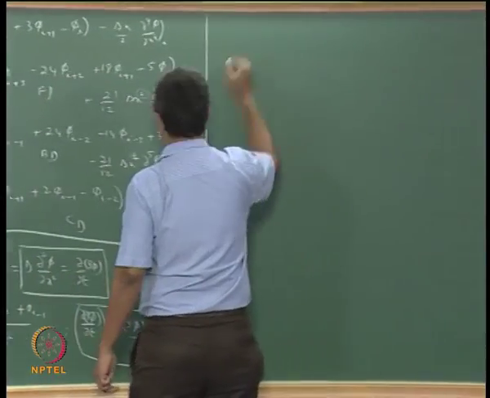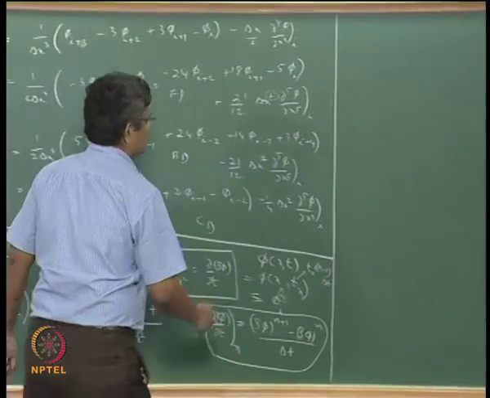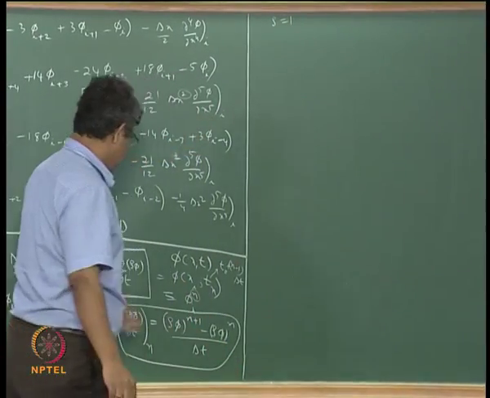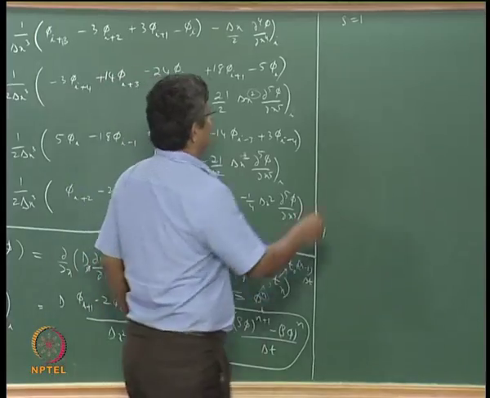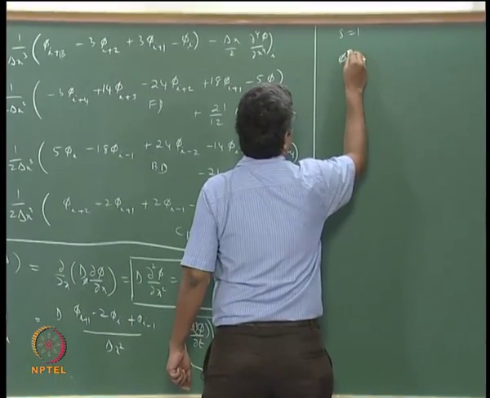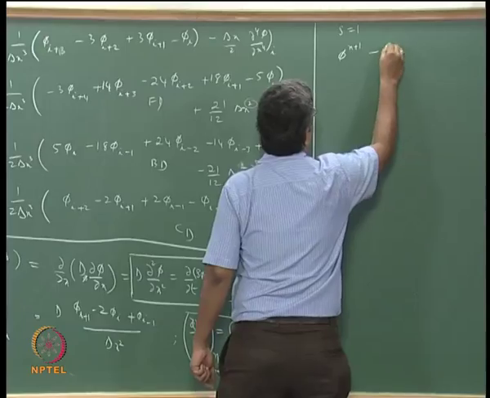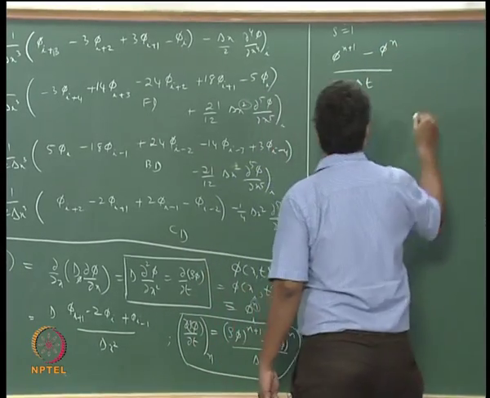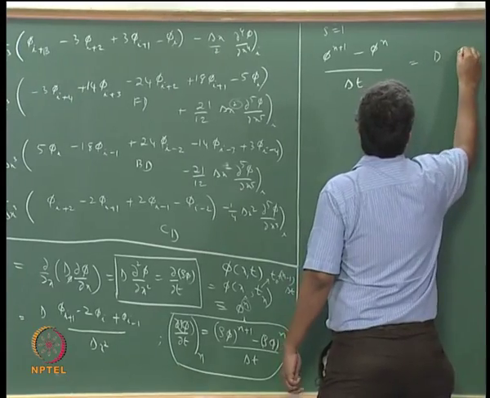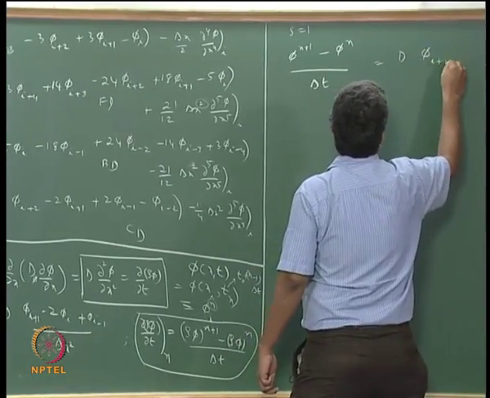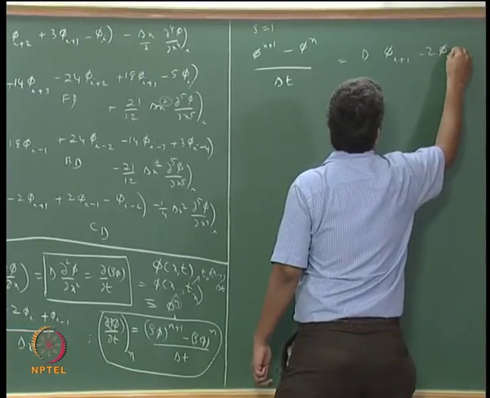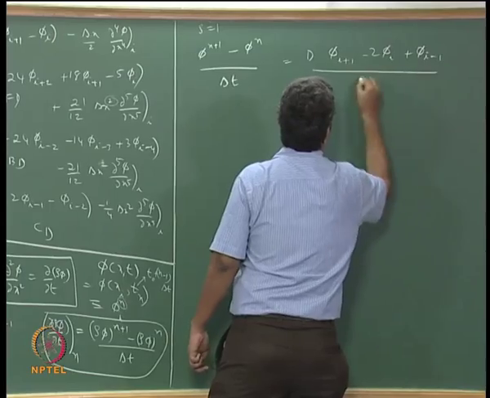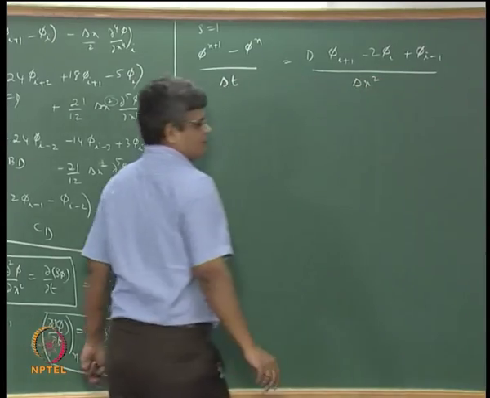So we have, and we can also take rho is equal to 1 and it is constant, so that we do not have to carry this all the time. So we can write this as phi n plus 1 minus phi n divided by delta t equal to d times phi I plus 1 minus 2 phi I plus phi I minus 1 divided by delta x square.